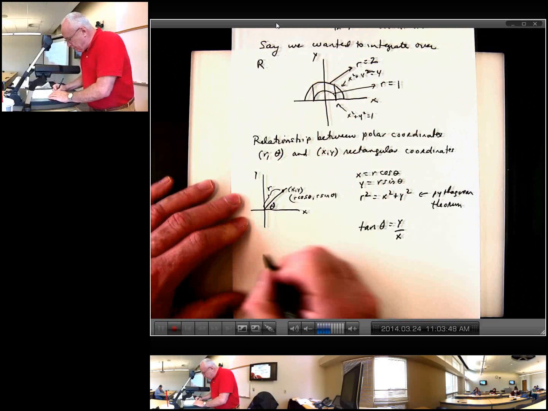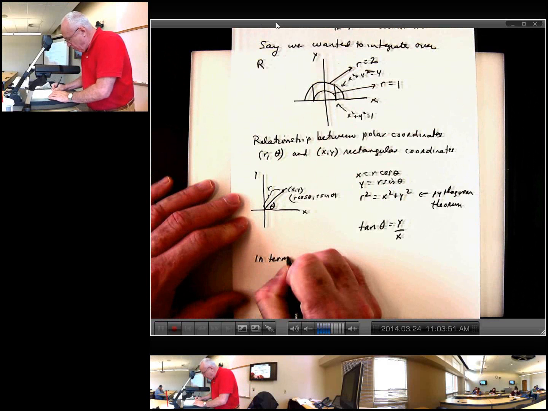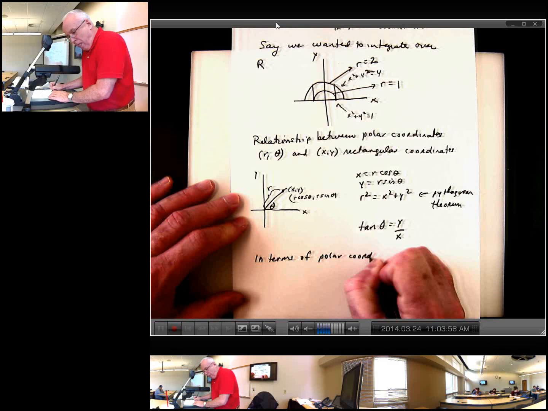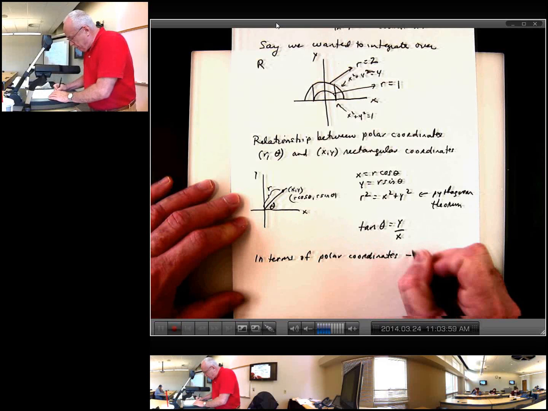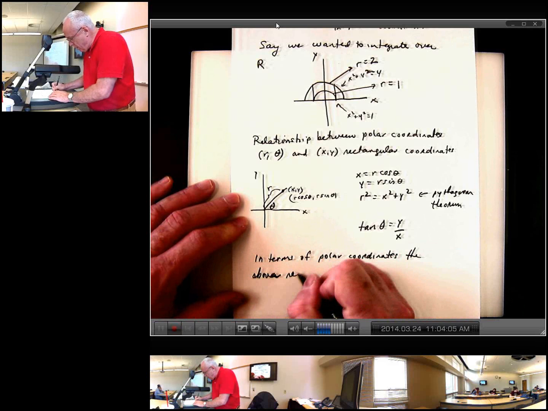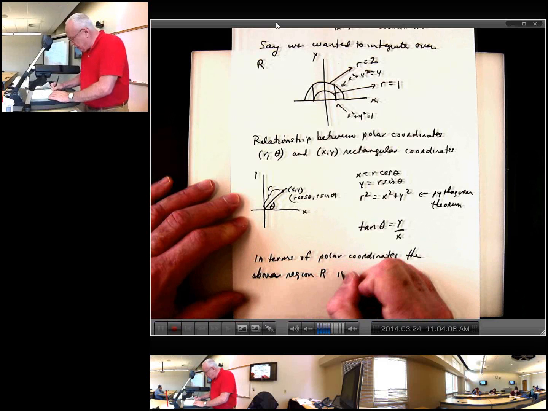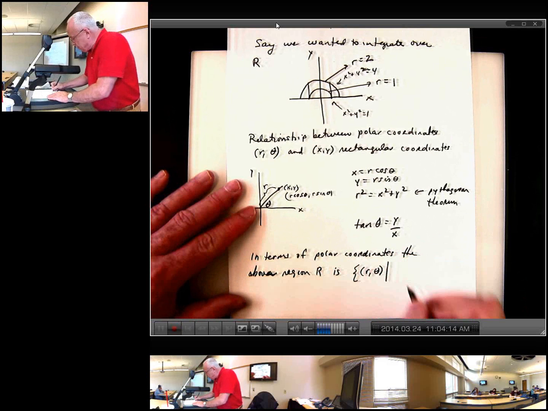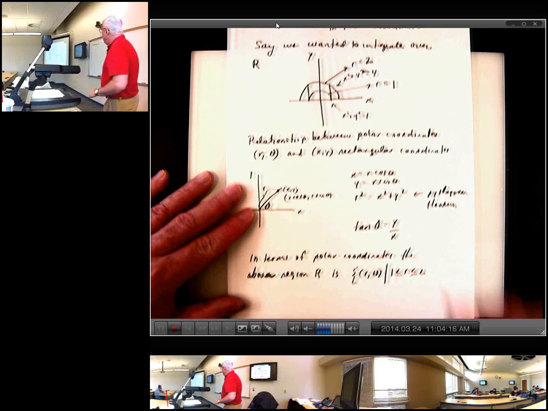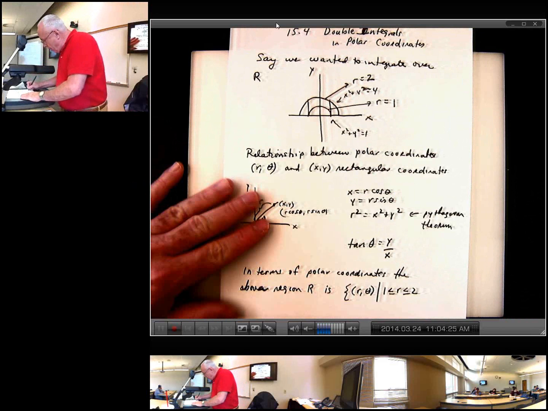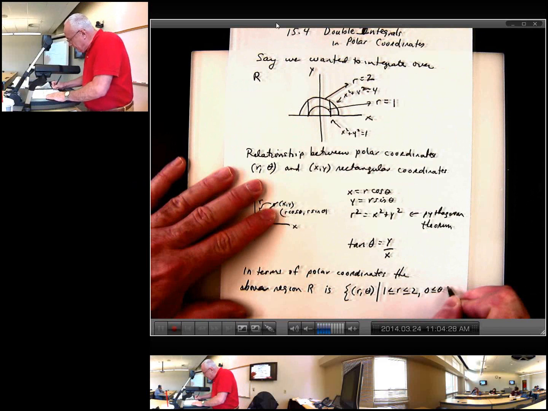So in terms of polar coordinates, the above region R is the set of r comma theta such that, first of all, r is between 1 and 2, and then theta for that region is just the half circle, so theta goes from 0 to pi. That is, 0 less than theta less than pi.